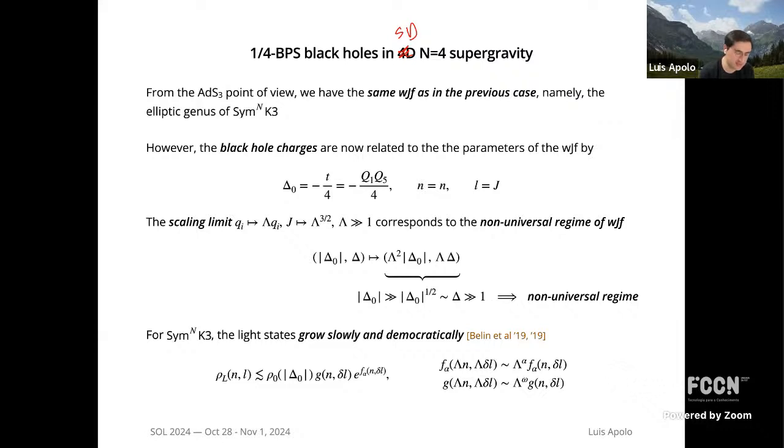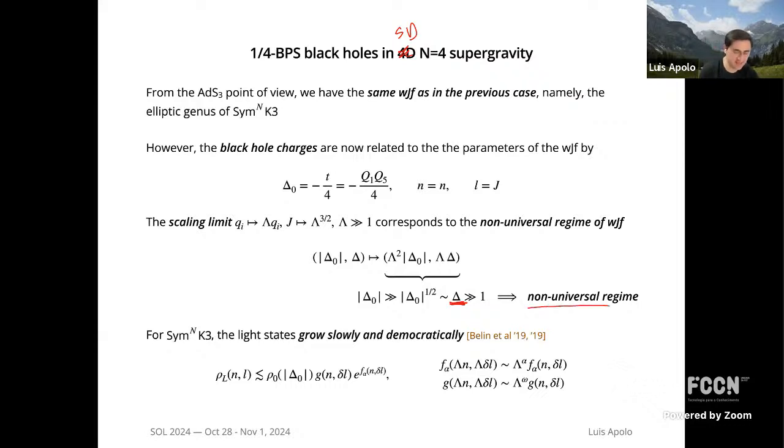So in this case, the formula looks something like this. There's a typo here. This should be delta, sorry, no, this is okay. This is not delta. This is delta naught. So this delta is less than delta naught, but scales like delta naught to the power 1/2.